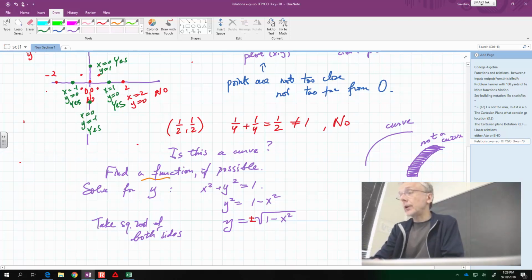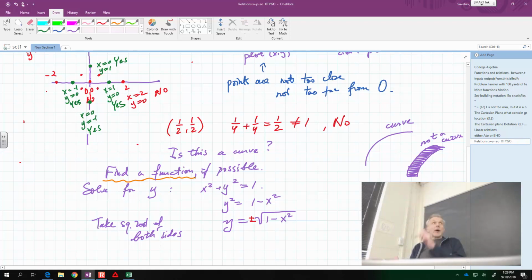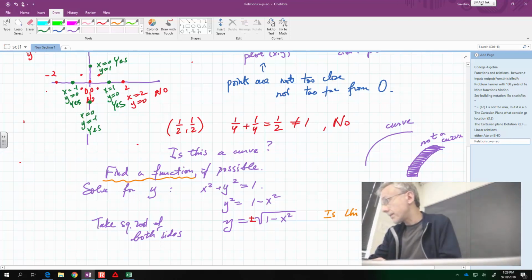So we try to find a function that would represent our relation. So have we found it? Is this a function?